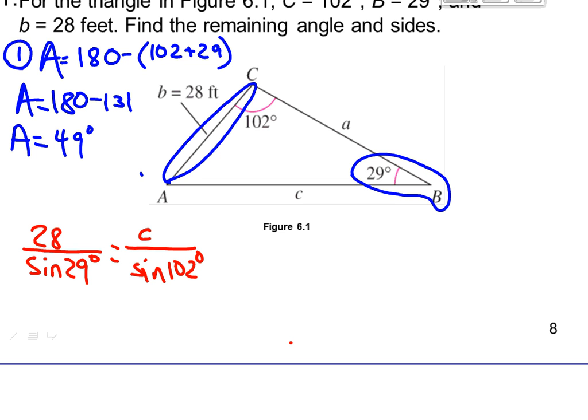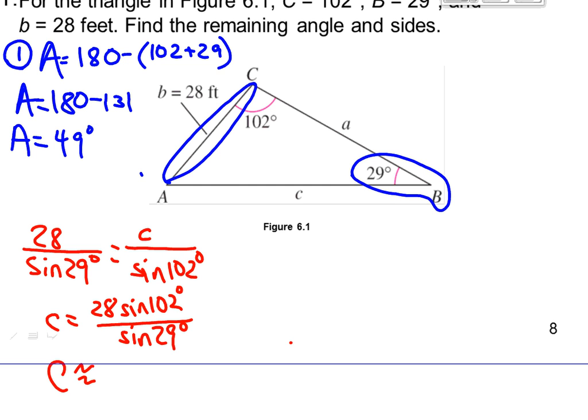Also, whenever possible, we want to just do one big typing problem and just be done with it. Am I okay with cross multiplying, correct? And so c is going to equal 28 sine 102 degrees divided by sine 29 degrees.